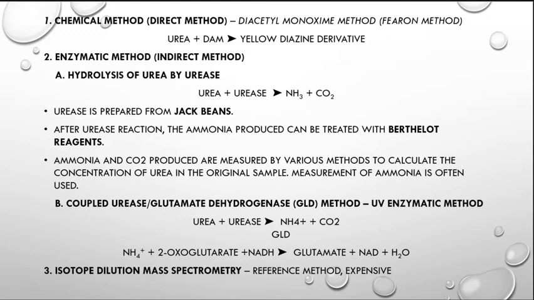What you need to remember, guys, is that usually the chemical method is non-specific. The enzymatic method is the routine method, as it is used in the labs. And the reference method is the isotope dilution mass spectrometry.